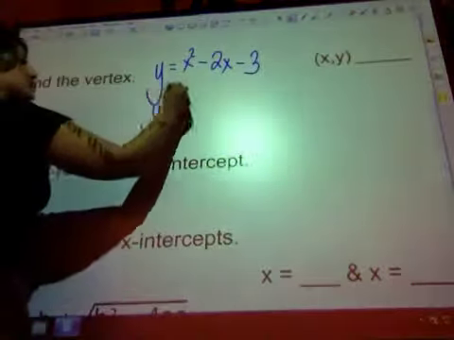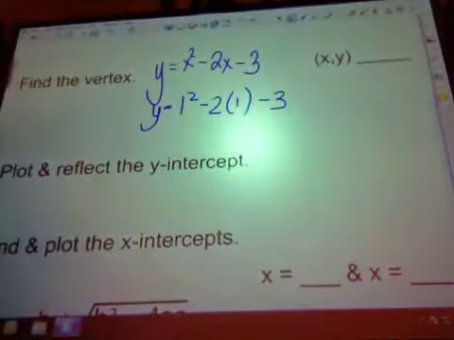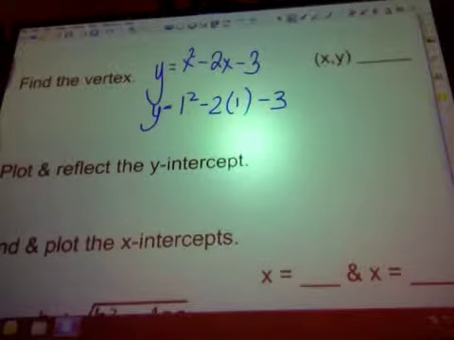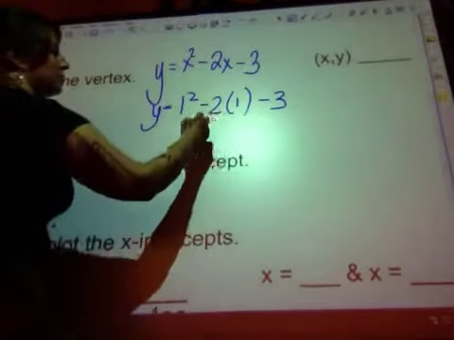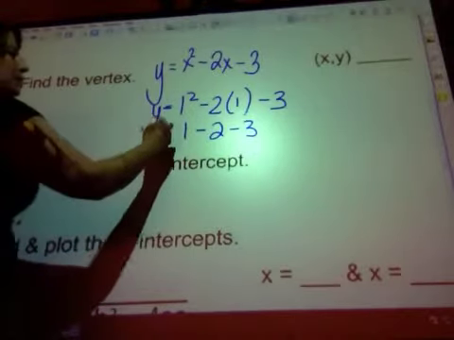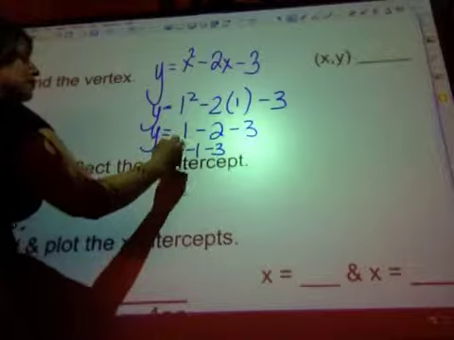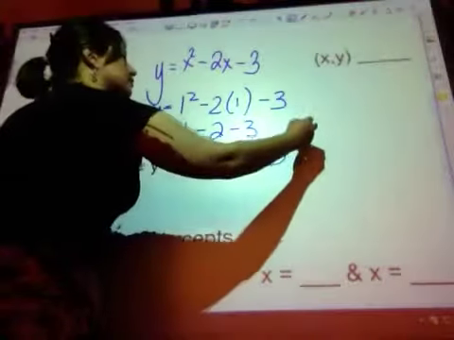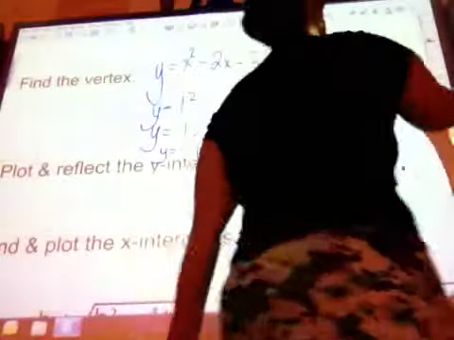So we'll do y equals 1 squared minus 2 times 1 minus 3. Order of operations says I need to do exponents first. 1 squared is 1. 2 times 1 is 2. And then I just bring down my minus 3. 1 minus 2 is negative 1. Negative 1 minus 3 is negative 4.